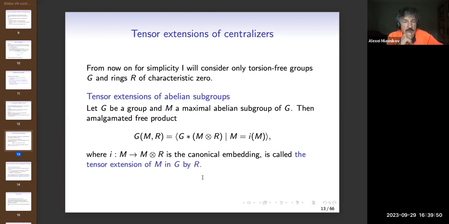So how do you construct tensor completions? It's a very simple operation: extension of a centralizer.